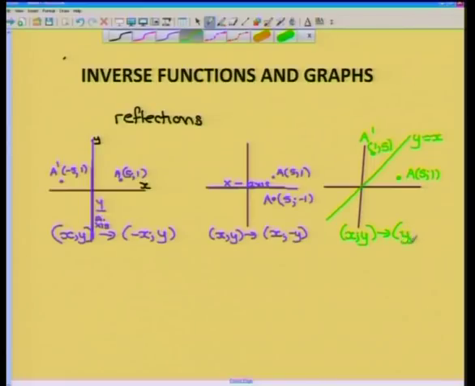So in actual fact, this becomes (y, x). What's happened is the x and the y interchange. This is the actual gist of the inverse, and this will always work no matter what. It's very important to remember that an inverse is always symmetric about the line y equals x.